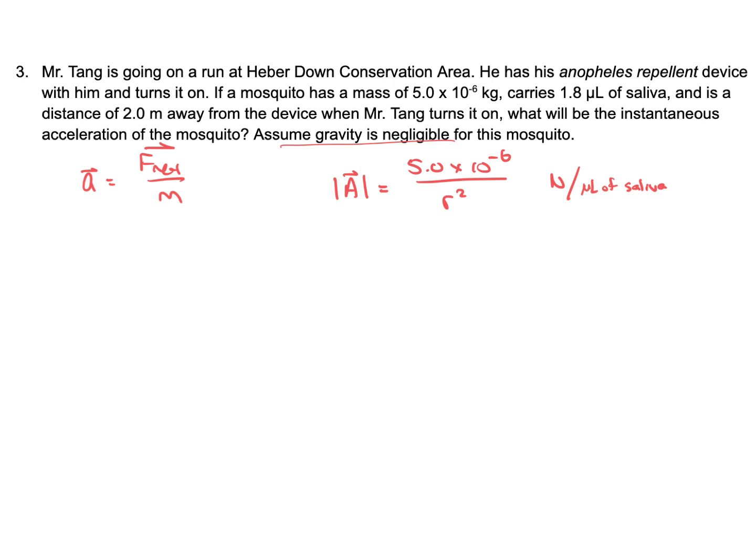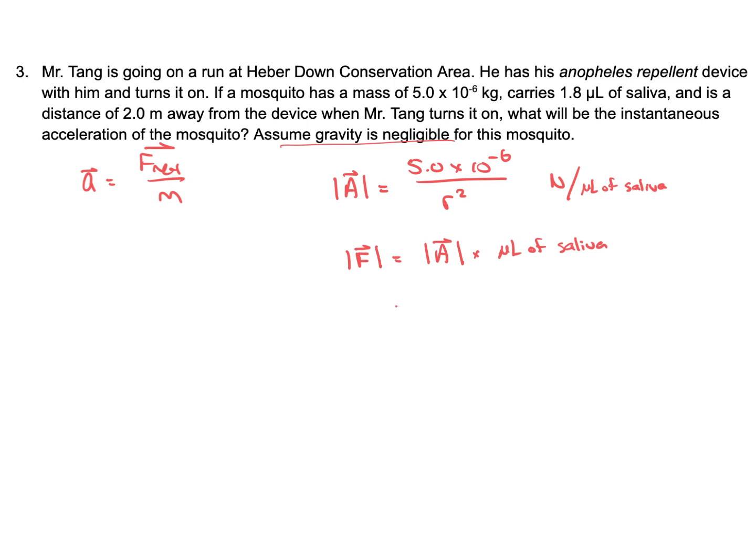So the force is going to be this field times however many microliters of saliva there are. Okay, so A is how many newtons per microliter of saliva. So we multiply that by how many microliters of saliva the mosquito has. You're going to get something in newtons, which is the force.